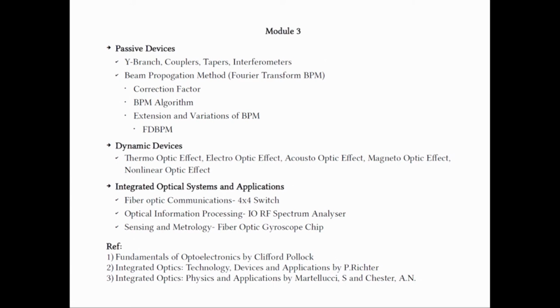Magneto-optic effect effectively implies you apply magnetic fields to change the refractive index and other polarization properties of the medium, and we can make important devices like polarizers, analyzers and so on. So, this requires magnetic fields and there are several applications.